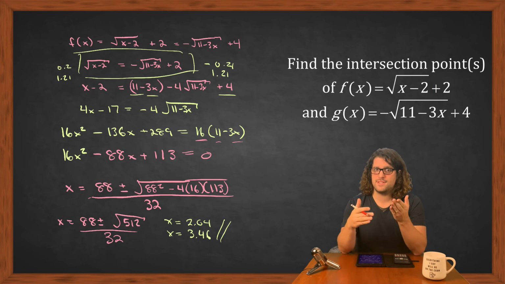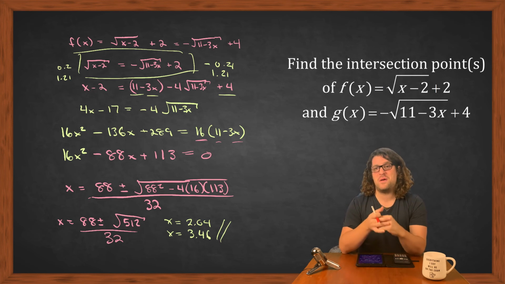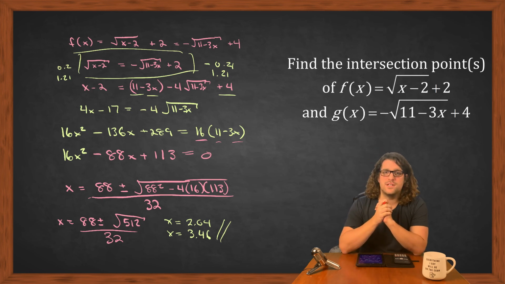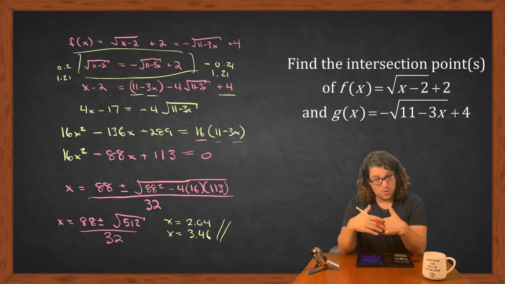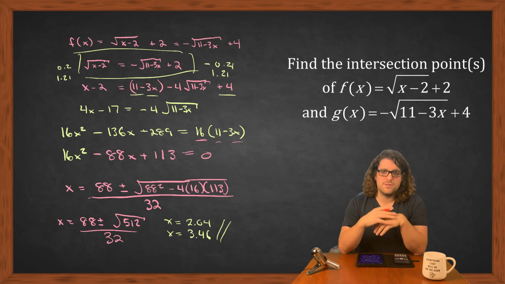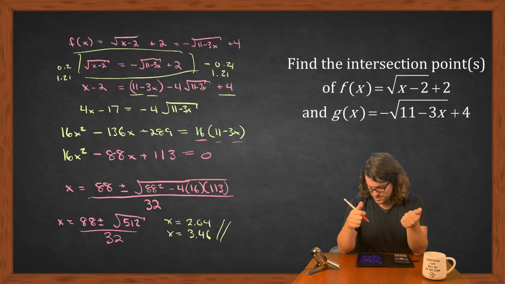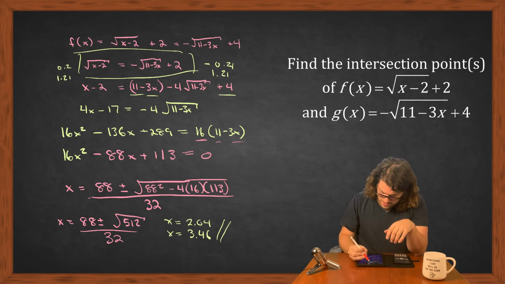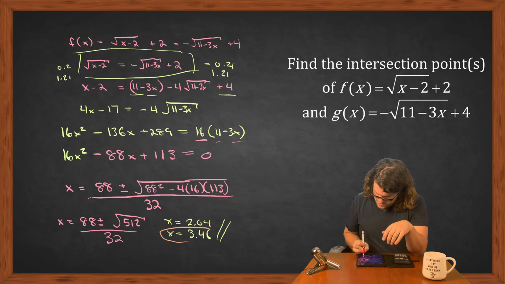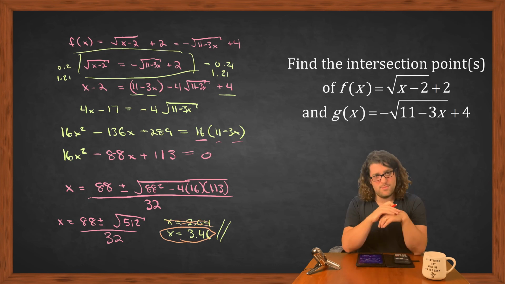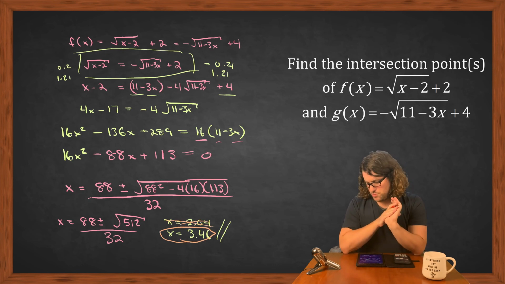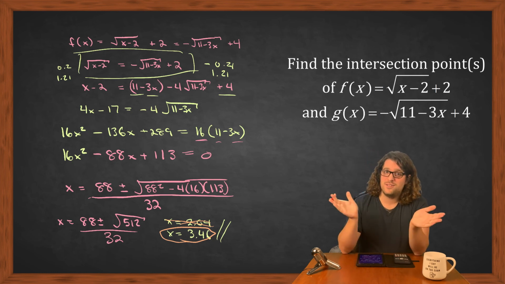Next time on the second squaring, we're going to end up having no square roots left. So no x's trapped inside square roots. You can set up a quadratic out of the stuff that's left. Solve the quadratic. It's ugly, so we use the quadratic formula. Got some roots, verified, and we are good to go. So our final answer would be that x would be equal to 3.46, and the 2.04 is actually an extraneous root.